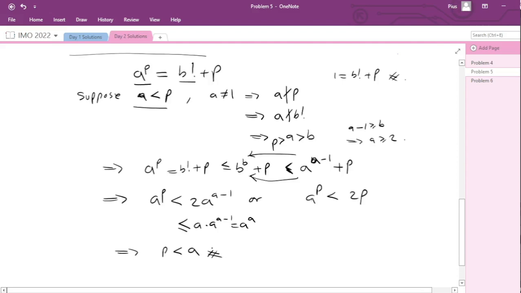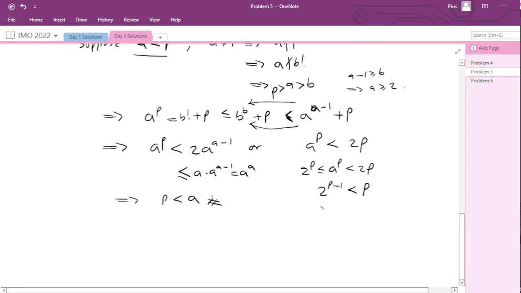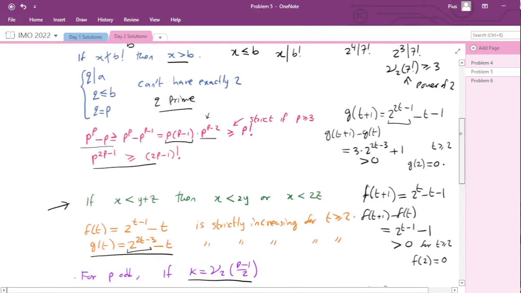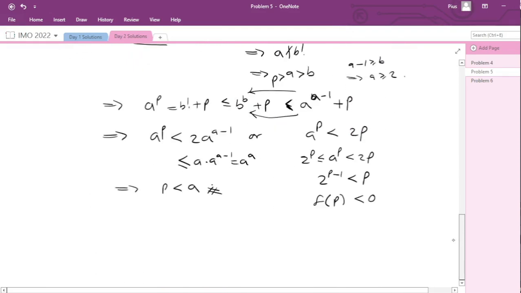On the other hand, since a is greater than or equal to 2, this 2 raised to power p is less than or equal to a raised to power p, which is less than 2. So we have this. If we divide by 2, we get this. And this is actually saying that f of p is less than 0, where f is this function we introduced earlier.